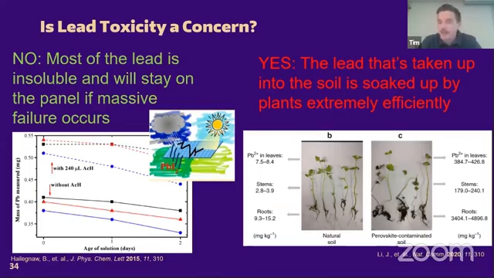But to that last point, I think a more legitimate argument that lead is not going to be that significant a concern is from a paper from 2015 from an Israeli group.